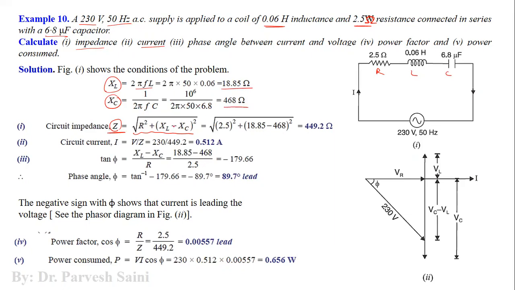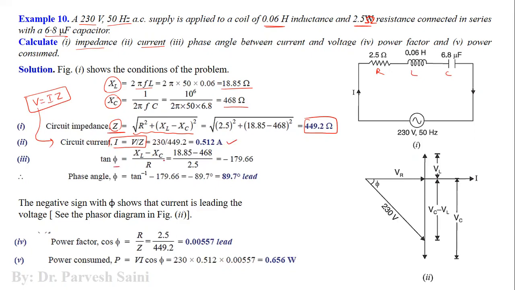By substituting the values here, we have got Z equal to 449.2 ohm. Now, the current is obtained by using the simple equation V is equal to I Z, right? So I is equal to V by Z, which is 0.512 ampere.